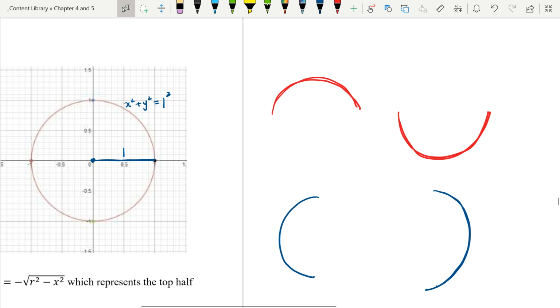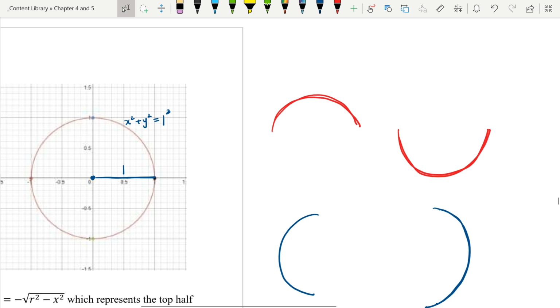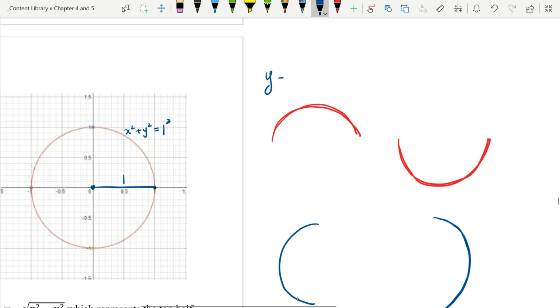Okay, for the top one, the equation will start from y equals to a positive square root, but with a quadratic in it. Remember when we sketch the square root, it's a linear in it. That's why I emphasize it's a linear in square root, because for semicircles, it's a quadratic in it.